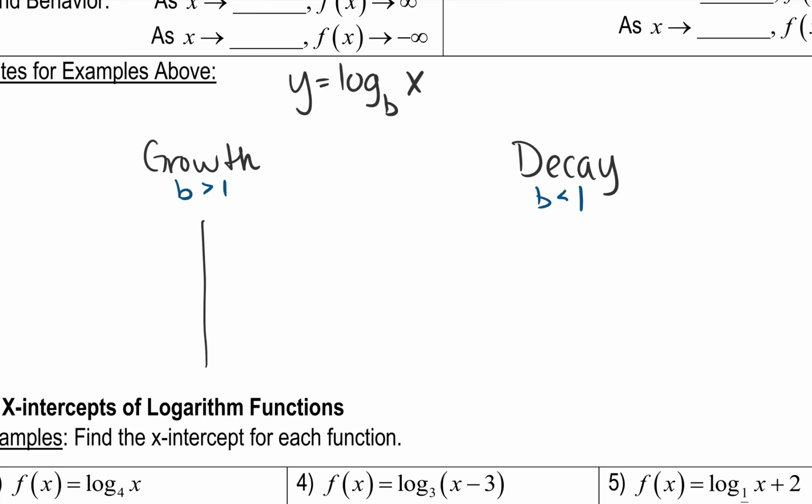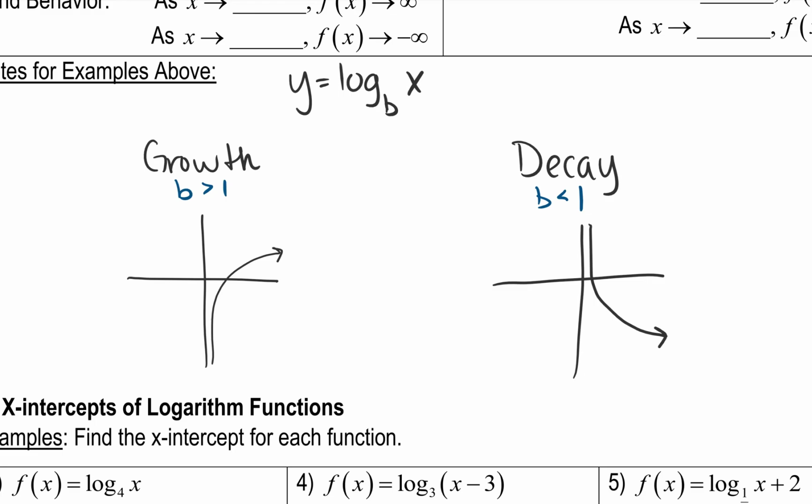So the graphs for these, a growth graph will start to the right of the y-axis at the bottom and go up, and then curve out. And then decay starts at the top of the y-axis and goes down and then curves out. So notice it's just like the exponential functions, but now it's turned sideways.